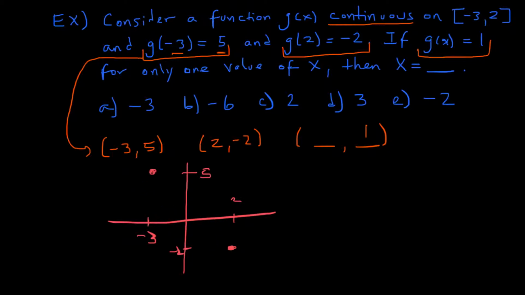Now let's look at the answer choices and see if they make sense. The first answer choice is -3. So let's pretend we have -3. Would that be okay? Would that point work for my function? Well, if I have the point -3, 1, wouldn't that be over here somewhere?